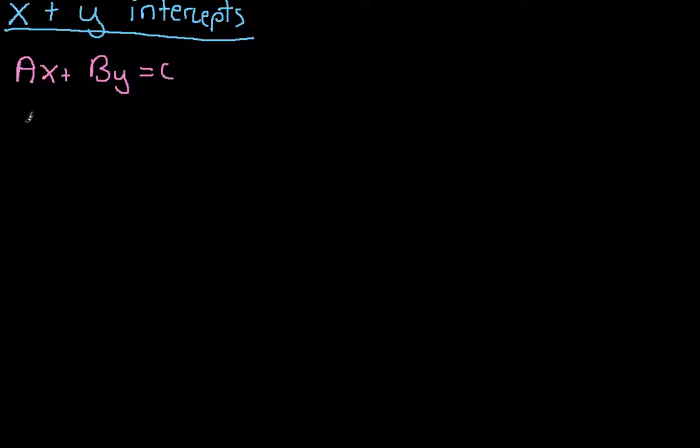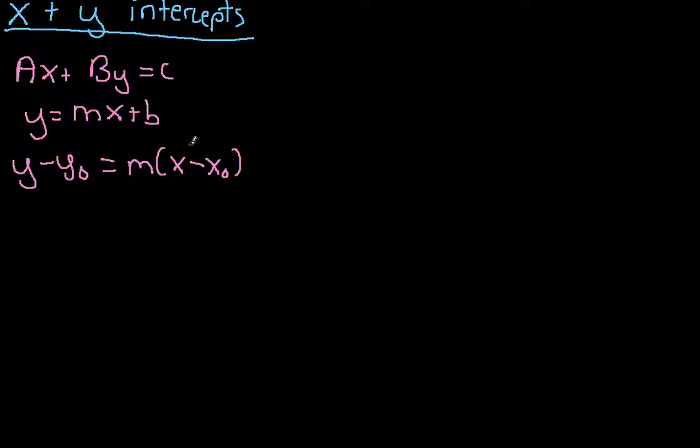You also have slope-intercept form, which is of the form y equals mx plus b, where m represents the slope and b represents the y-intercept. And the last form you have is called point slope form, and that form looks like this. So the x and the y will remain as variables when you actually write out this equation.